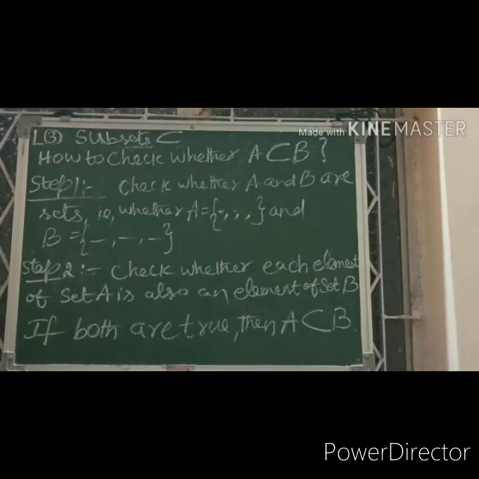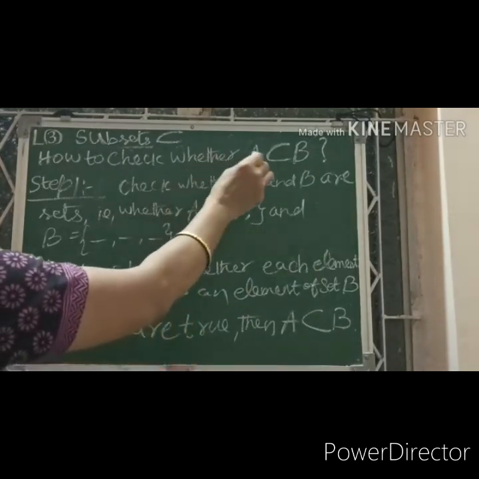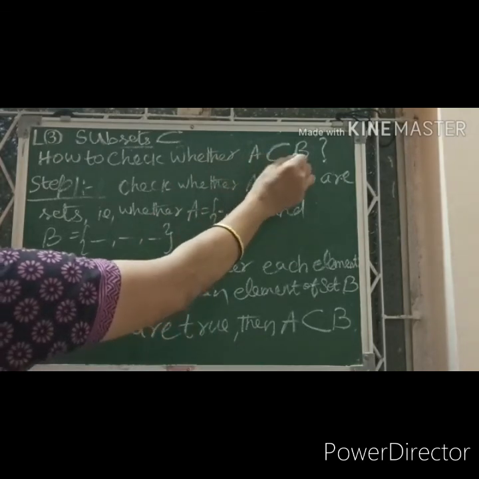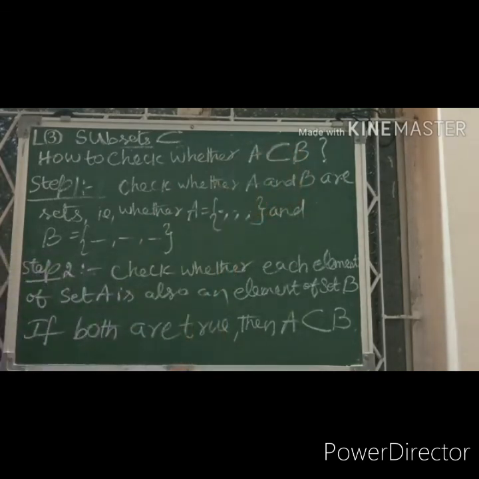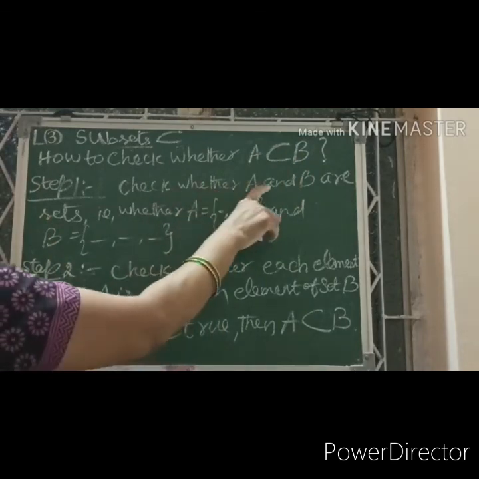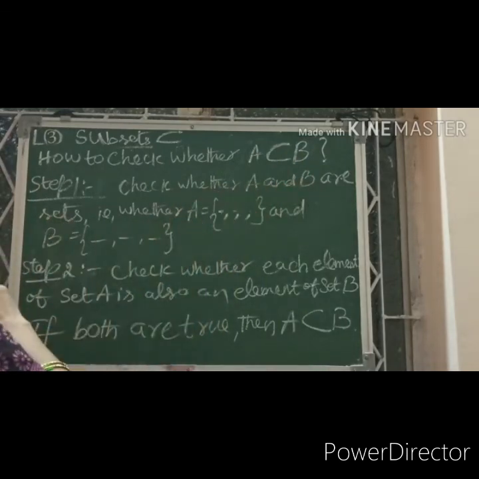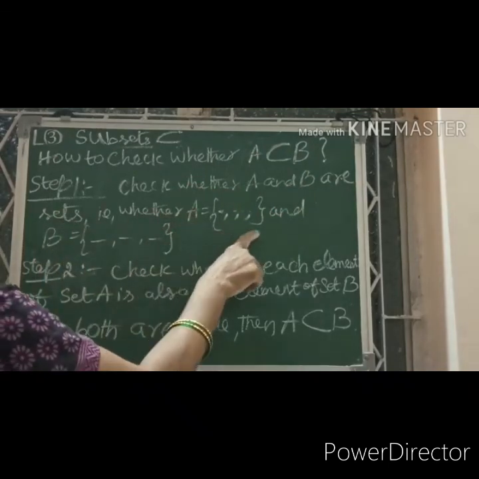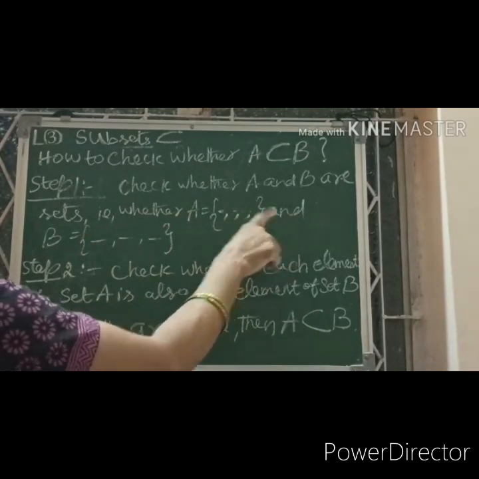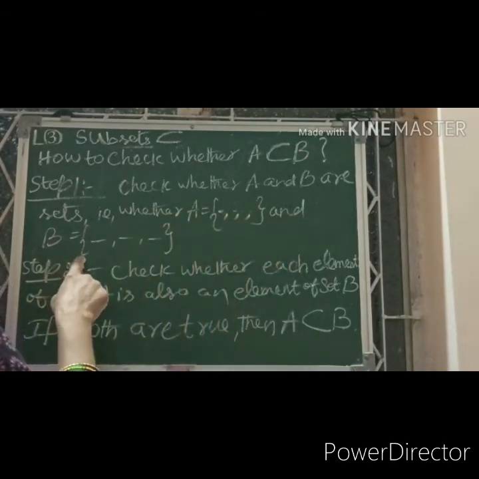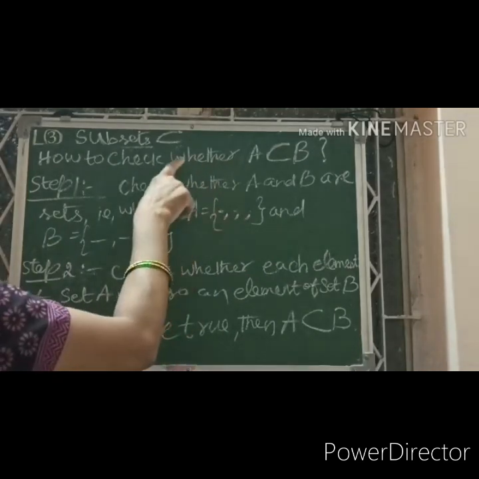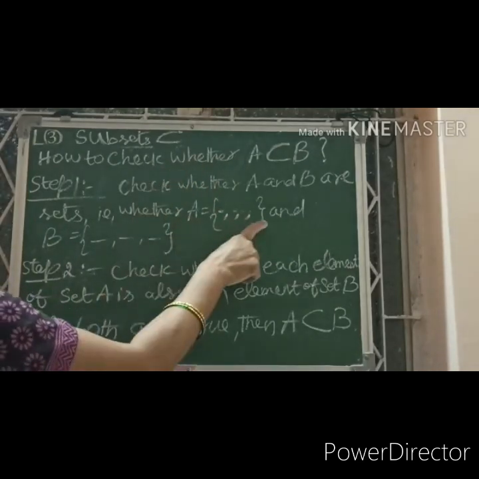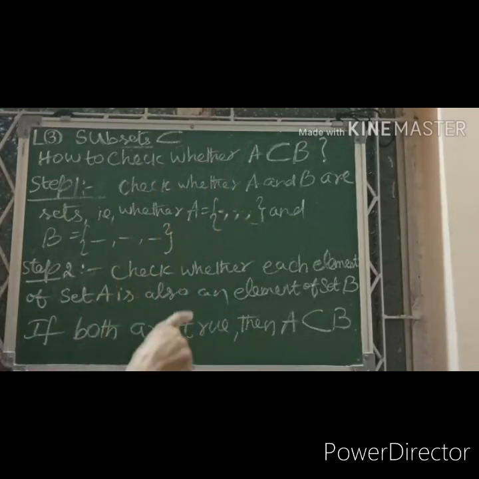Again, subsets. How to check whether set A is a subset of set B? What is the condition? Step 1. Check whether A and B are sets, that is, whether A is equal to curly bracket with some elements and B is equal to curly bracket with some elements. First we have to check whether both are sets or not, whether the elements are given inside the set notation.